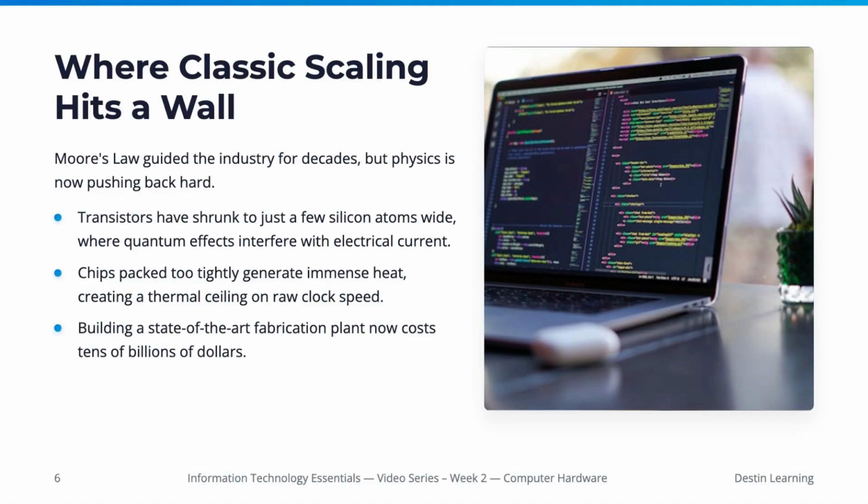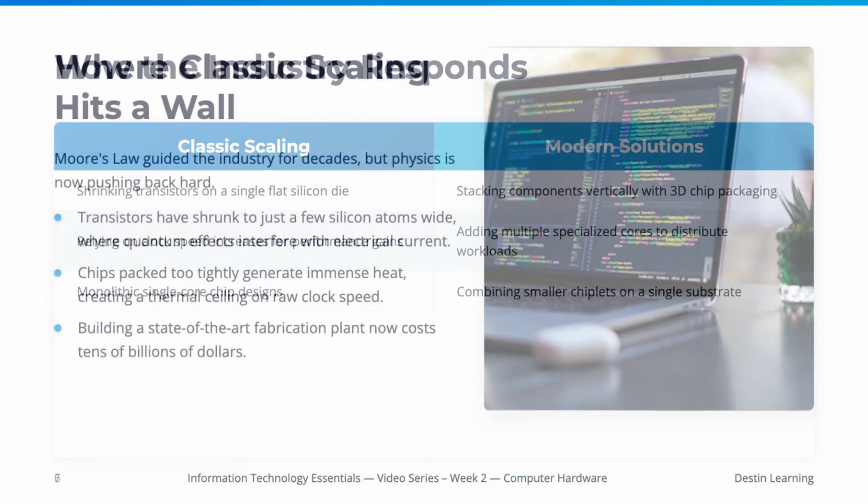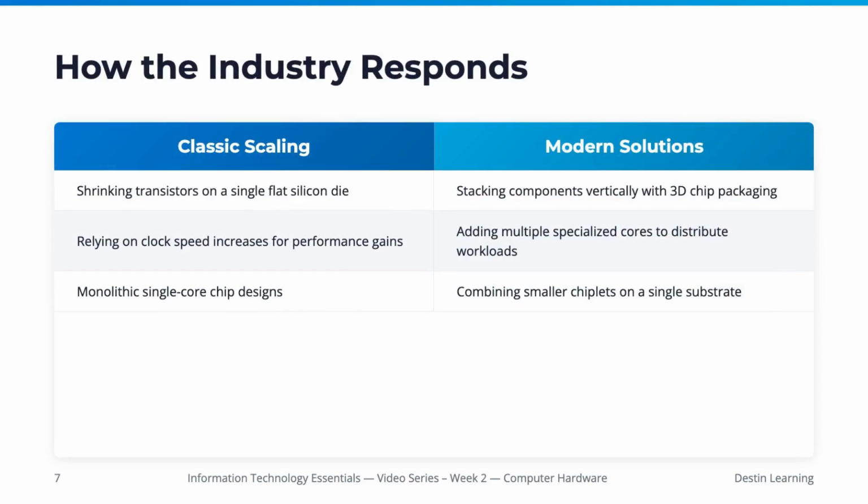When combined with the astronomical cost of building multi-billion-dollar fabrication plants, continuing classic scaling on flat silicon has become increasingly difficult. To maintain performance gains, the hardware industry has shifted away from purely shrinking single dies toward modern architectural engineering.